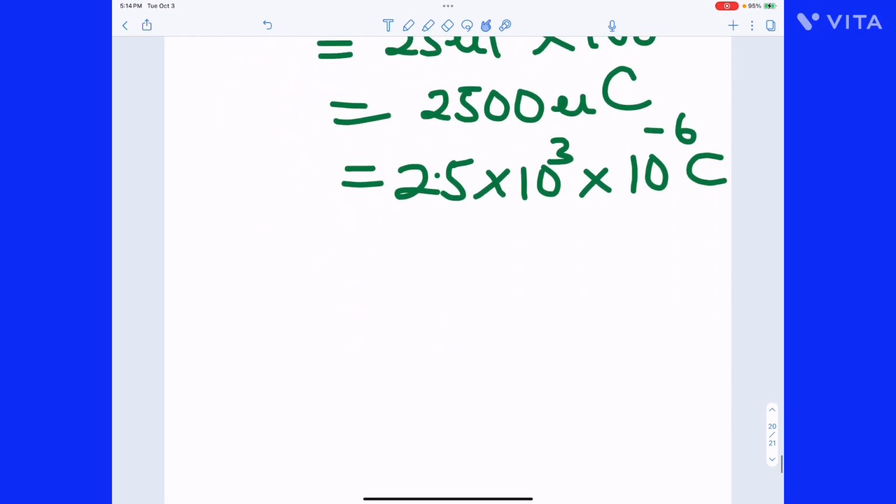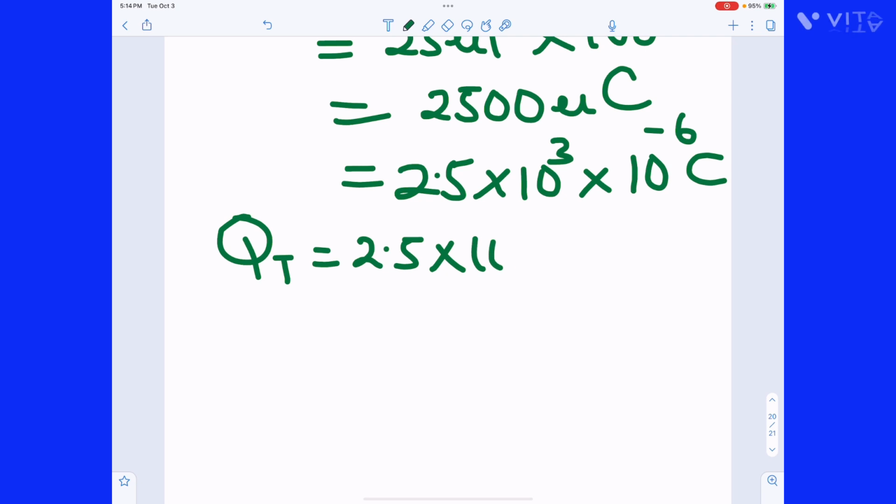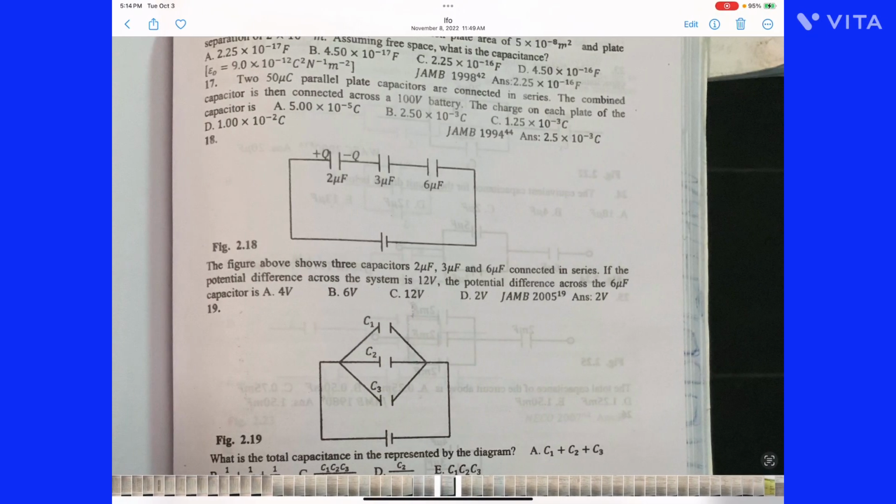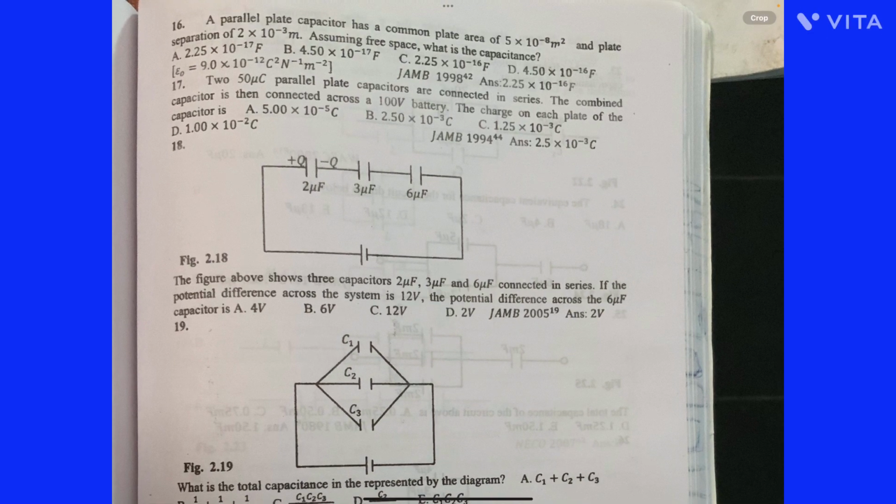Add 3 plus minus 6, you get minus 3. So the total charge on the two capacitors put together is 2.5 times 10 raised to power minus 3 coulombs.